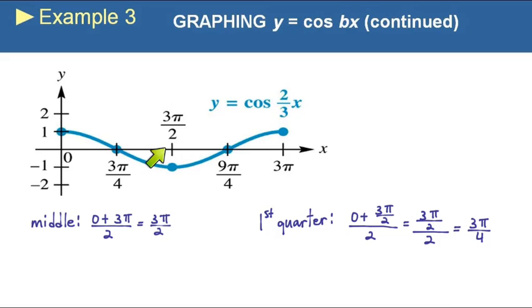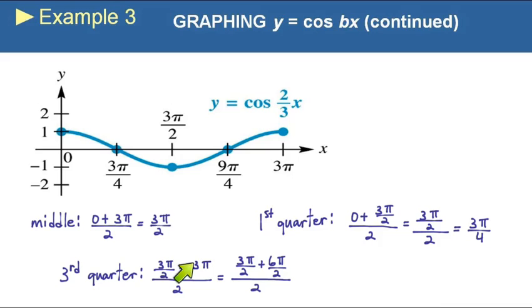Now let's do this third quarter. Okay, so we'll want to average 3 pi over 2 and 3 pi to get this number. 3 pi over 2 plus 3 pi. Now, 3 pi is like 6 pi over 2. I need common denominators here.